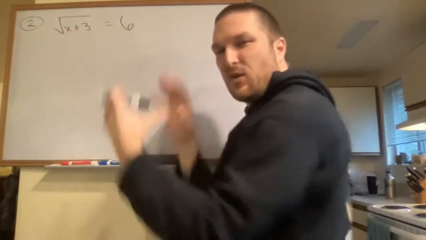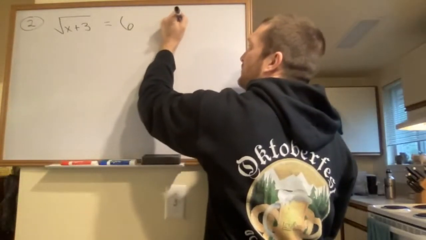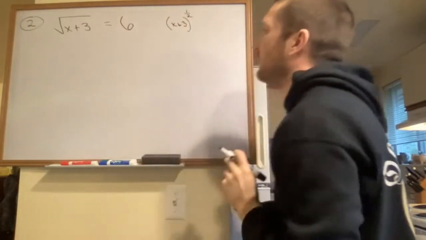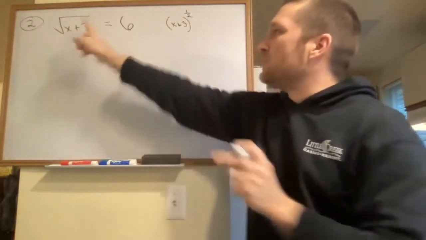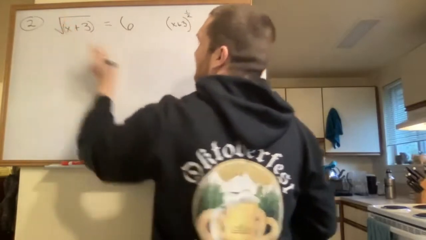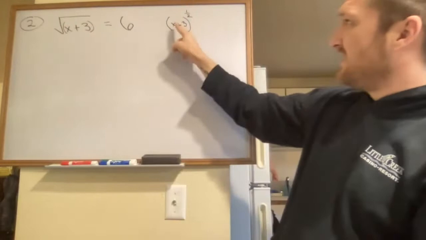We could even think about this as x plus 3 raised to the 1/2 power. We could always think of a root as being in parentheses, and technically it is in parentheses. So the innermost thing is the x plus 3.